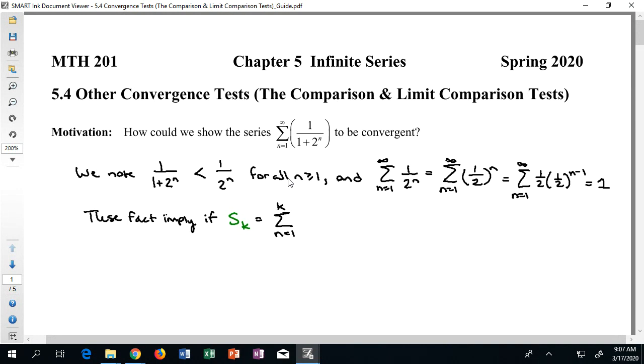I'm going to add from our original series the sum of the first k things. And how about we let T sub k, again, I'm going to use a different variable because I already used S, and n is already in play, stand for the sum of the first k things out of our new series, which again, we said already converged to 1.